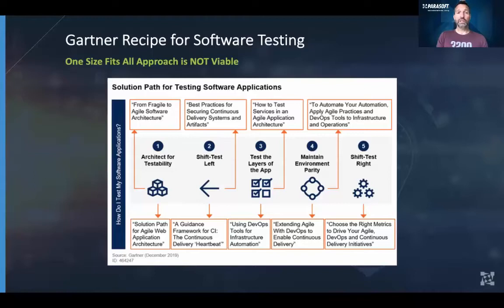Number 1, we need to architect for testability. So notice it's not quality, although that would be important as well as part of that. But as we architect our software, it needs to be easy to test, right? So we need to be able to test, are we meeting the requirements?